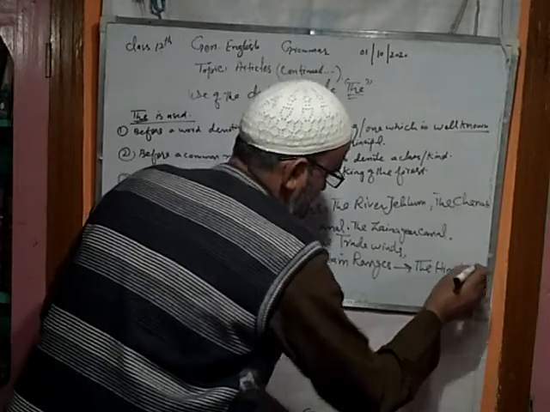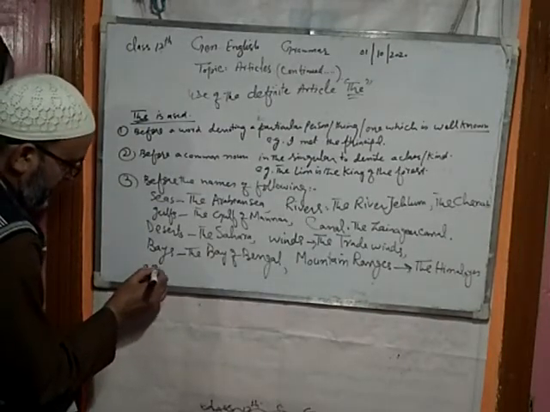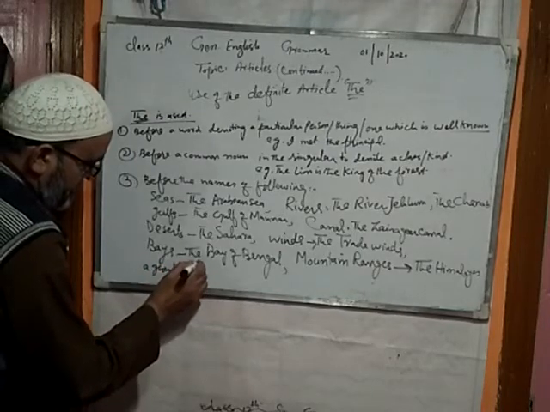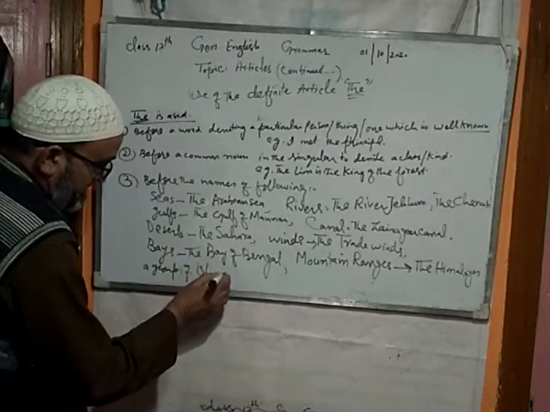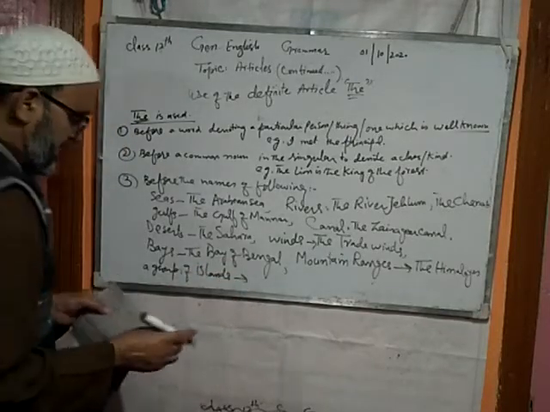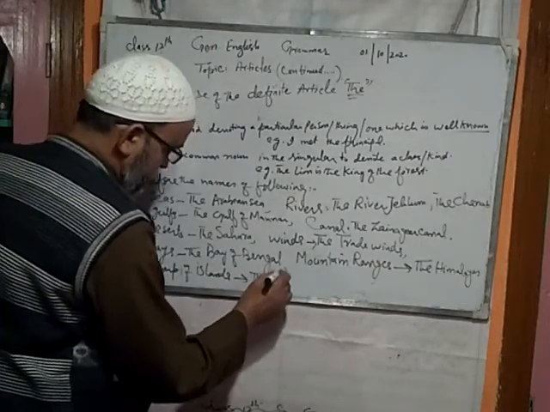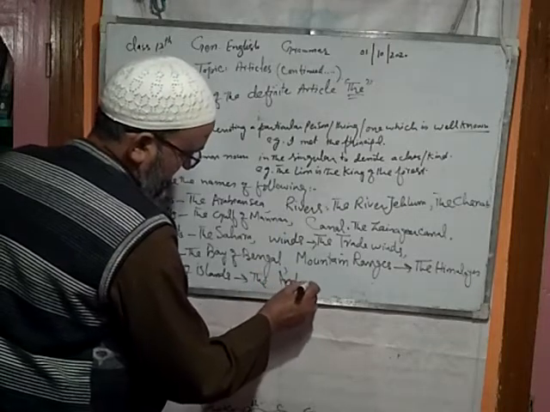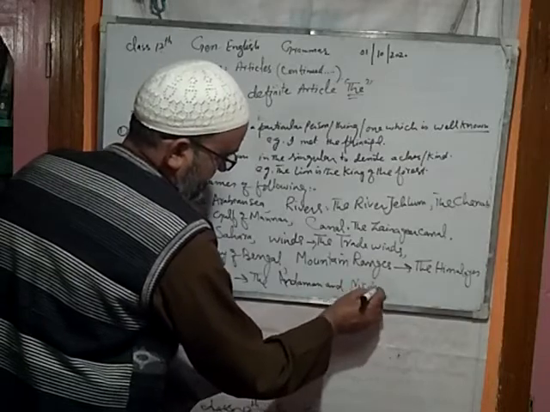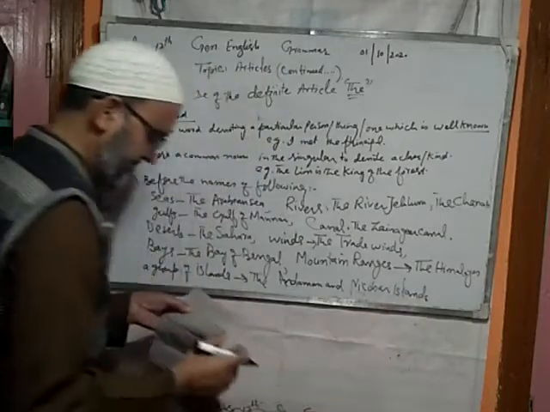Before the names of a group of islands, not a single island, for example, the Andaman and Nicobar Islands, the Lakshadweep Islands.